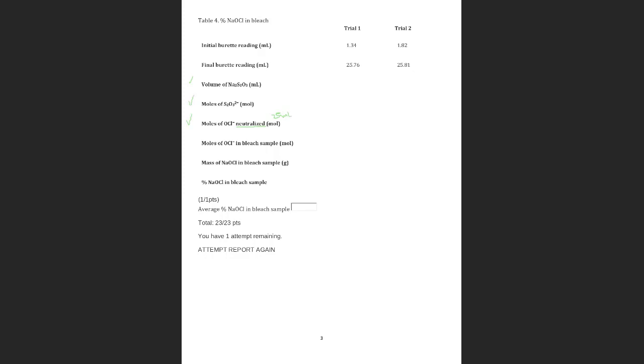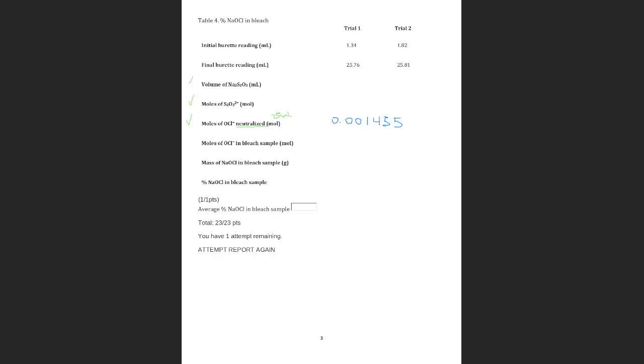The value that we obtained is 0.001455 moles.